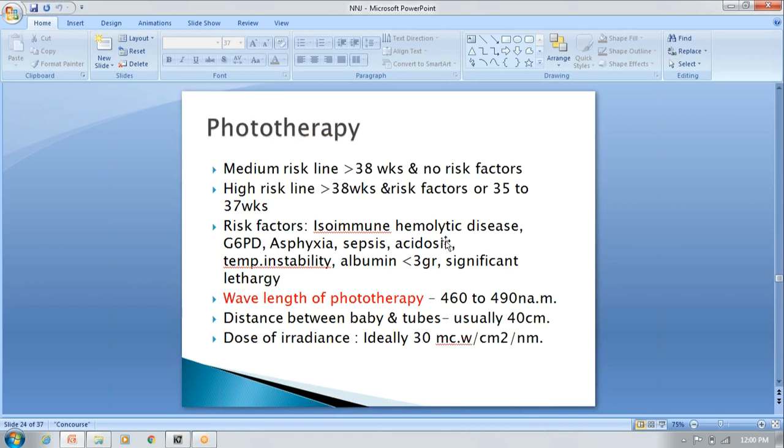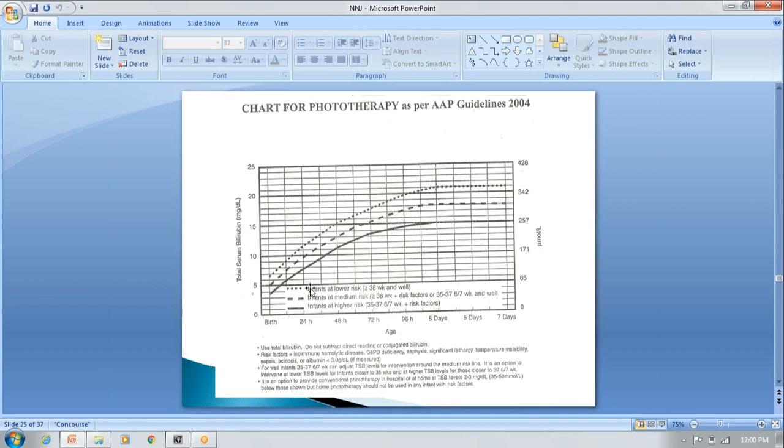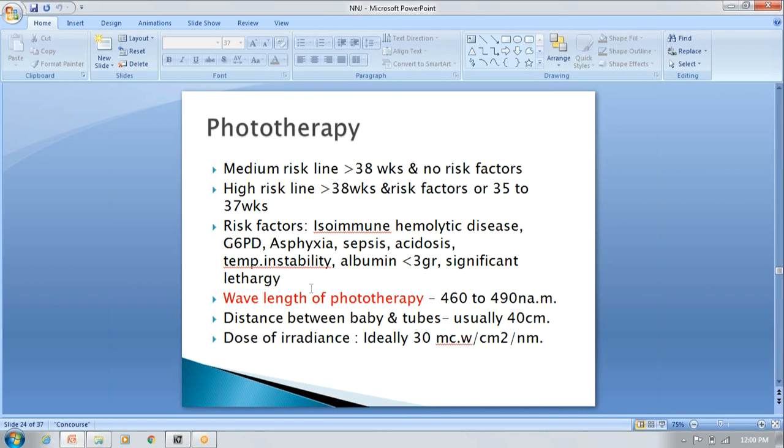So for phototherapy, there are guidelines. According to the American Academy of Pediatrics, there are risk factors. We have to consider the gestational age, birth weight and risk factors. The risk factors again are birth asphyxia, hypothermia, hypoglycemia, and septicemia.